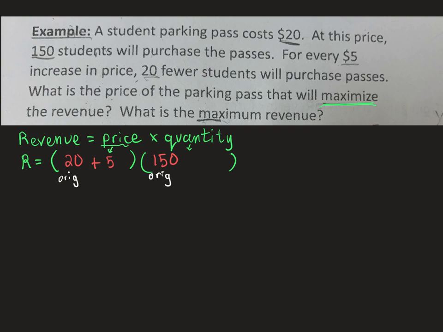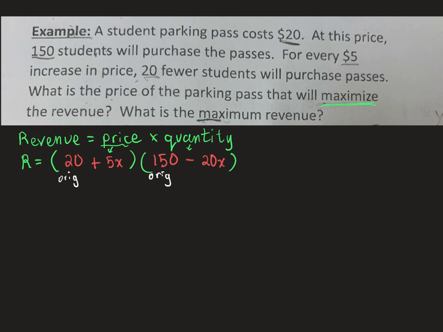Now, we could increase the price by $5 or $10 or whatever. So that's the part that varies. So we're going to put an X with that 5. And then the number of students, 20 fewer students. So minus 20 goes in the quantity expression. And again, that would change according to how the price changes. So we'd also need an X with that 20.